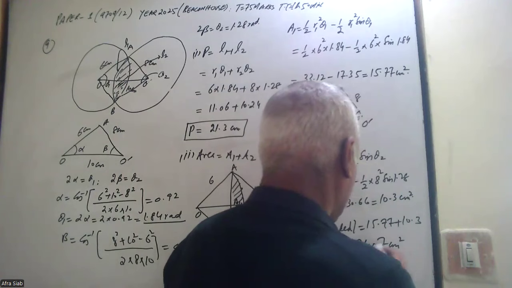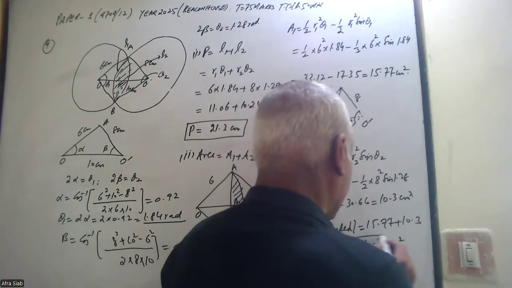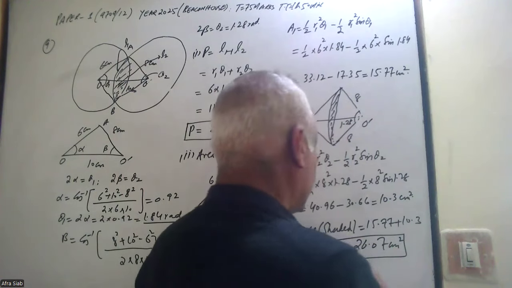So this is the area of the shaded region of the two circles.